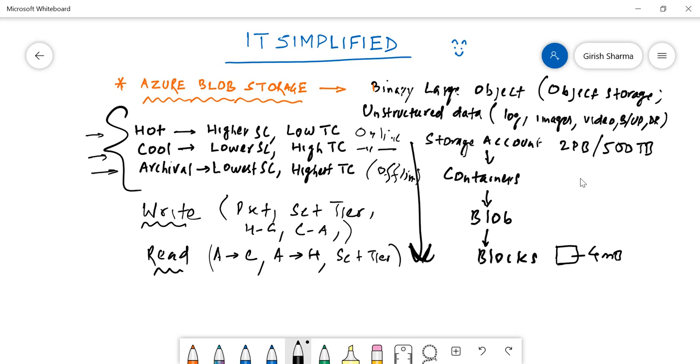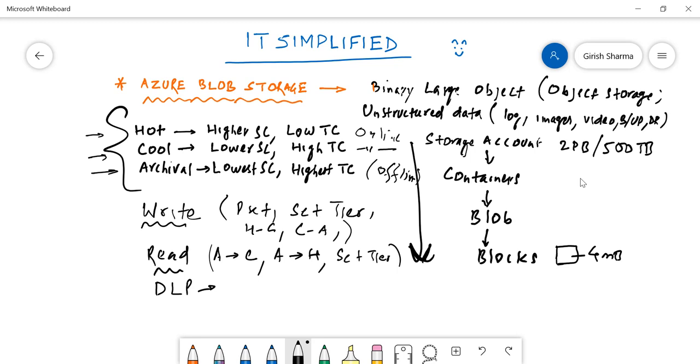You can also apply a data lifecycle policy. Actually, before I talk about that, it is related to the data lifecycle policy. In case you delete the data in cool tier or archival tier, the limitation in cool tier is that if you delete the data before 30 days, there will be a charge for that. You can go to the Microsoft documentation and look into what the charge is. For the archival tier, that time span is 180 days, and if you delete the data before that, there will be a charge.